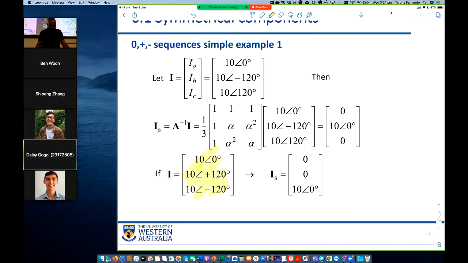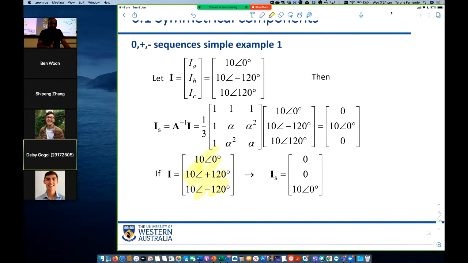Here we have IA 10 angle 0, IB is 10 angle 120, which means it's 120 degrees in front of A, and C is another 120 degrees in front of B, or 120 degrees behind A, same thing. So you can see this is a negative sequence current, really. It's symmetrical, but the sequence is reversed.